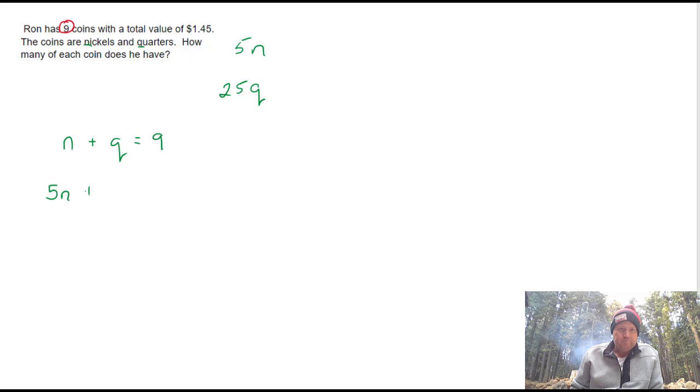5N plus 25Q equals, again I lost the decimal, so I'm not going to write these with decimals. That's 145. And just like the last time, it's easier to multiply by a -5 than it would be a -25. I wouldn't do that. So let's multiply this by a -5, and we're going to multiply that -5 times all three terms.